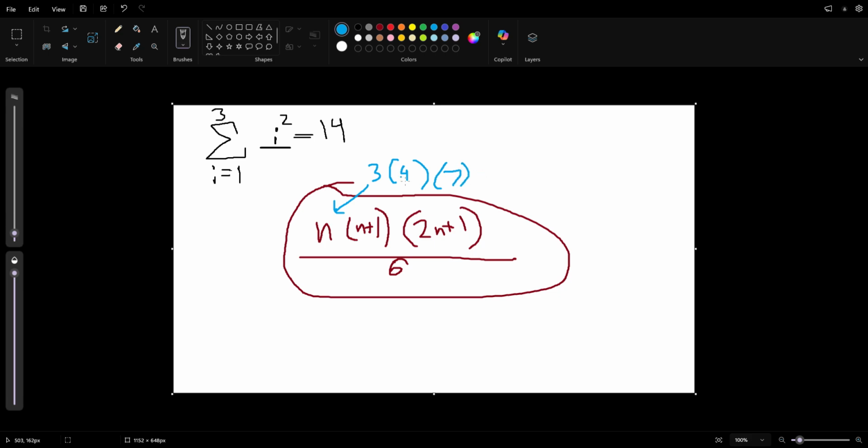And then we divide all this by 6. So it's 12 times 7 divided by 6. Cancel it out. 2 times 7 equals 14. Funny how that turns out, am I right?